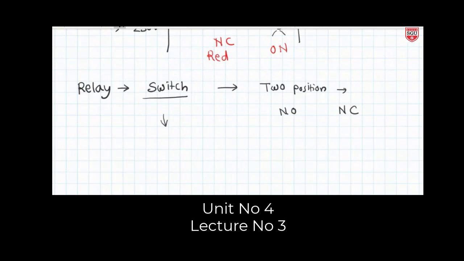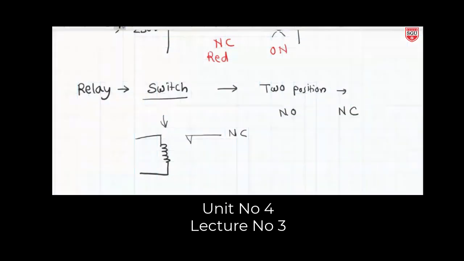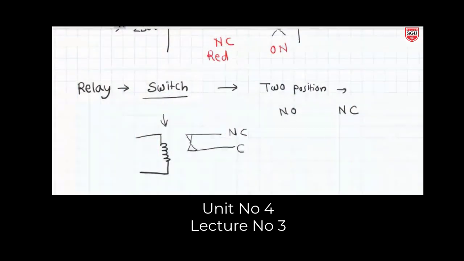It means the relay has two terminals. In simple fashion, if I show it symbolically, it is shown like this. There is a coil, and it is not an actual correct diagram. There is an NC terminal, one common terminal and an NO terminal.